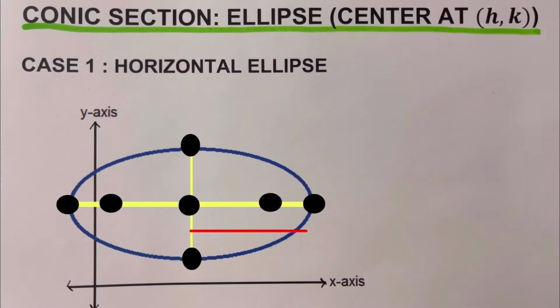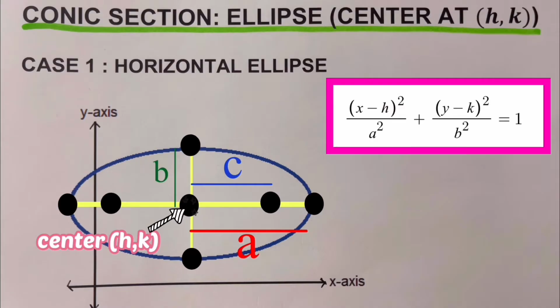The distance from the center to the vertex is represented as a, the distance from the center to the co-vertex is represented as b, and the distance from the center to the focus is represented as c. The formula for a horizontal ellipse is (x − h)² over a² plus (y − k)² over b² equals 1.